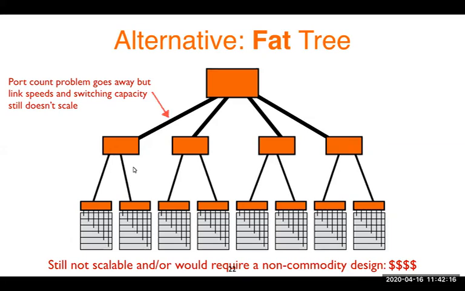Then this fat link over here going between the root and one level below would be 200 gigabits per second. Now, more realistically, rather than just 2 racks below, I would have, let's say, 20 racks. And so actually, this would not be 200 gigabits per second. It would be 2 terabits per second.